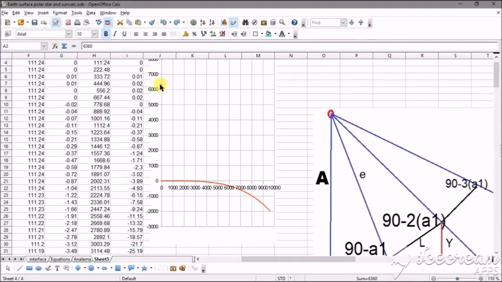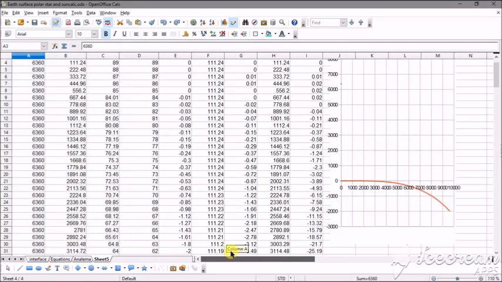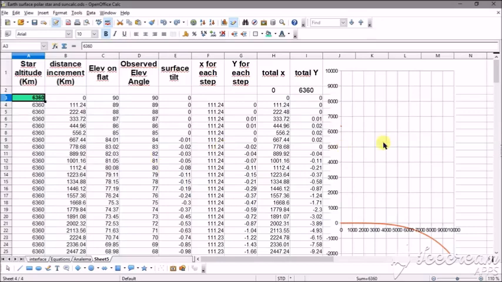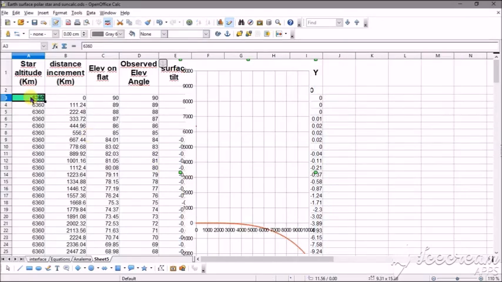This is the star at 6,360, and this is the first point where we measured the elevation angle to be 90. Then as we move here, the surface must tilt down in order to fulfill the angle for each step. So what we'll do now is try to change the distance and see what's going to happen. We pull this to the left. So let's pick 5,000.